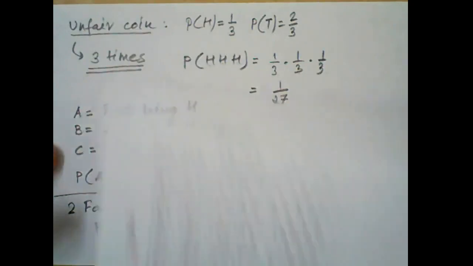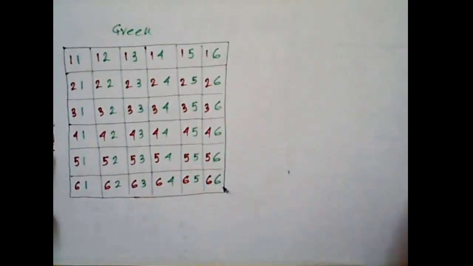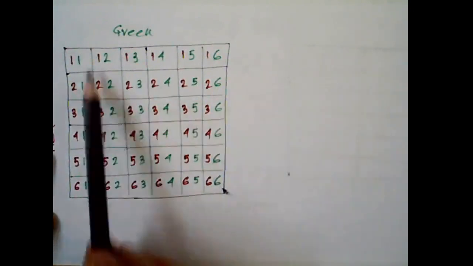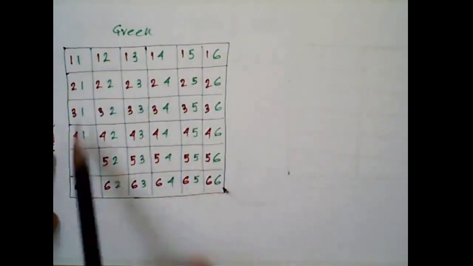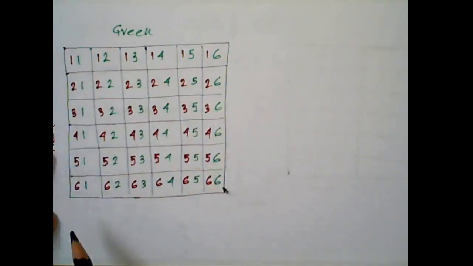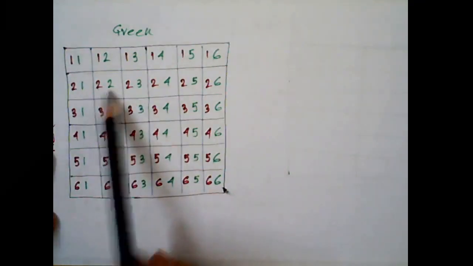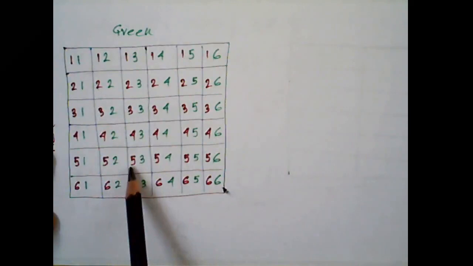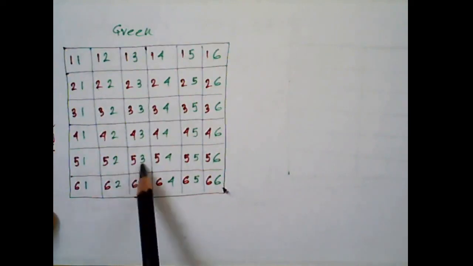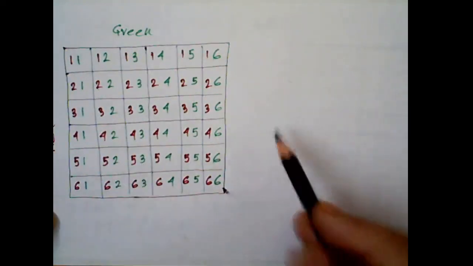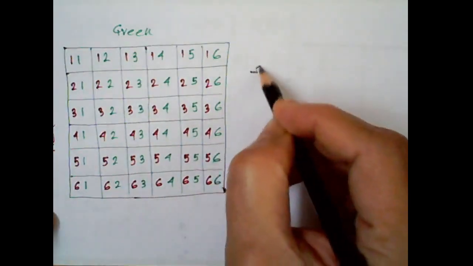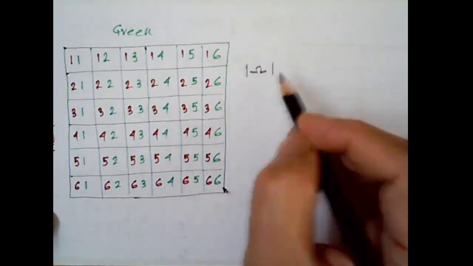Here, the sample space omega comprises 36 different possible outcomes. For instance, here you have 2 in the red die and 2 in the green die. In this cell, you have 5 in the red die and 3 in the green die.